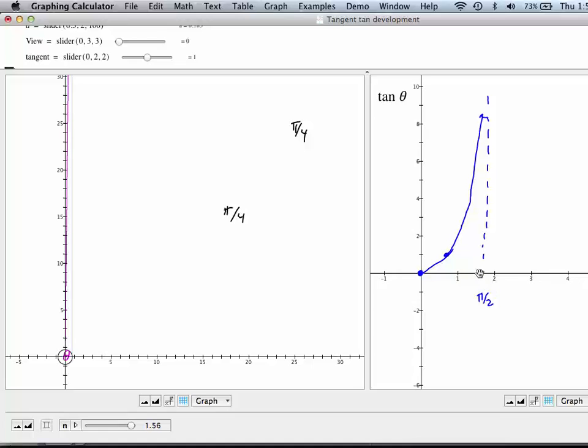And we mentioned that at pi over 2, there's no intersection. So this tangent quantity doesn't exist because that blue line just keeps going up and up and up forever and the terminal side never intersects it. Okay, so at pi over 2, tangent does not exist. All right, so let's see this in action here and get a good picture of it.